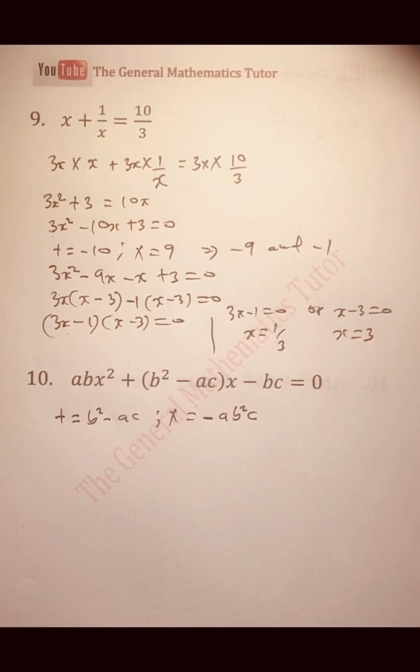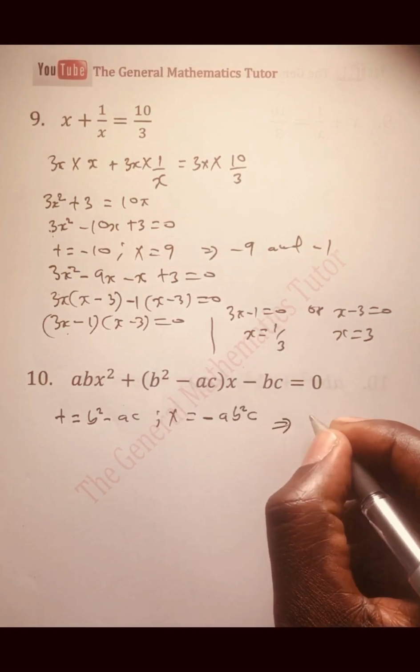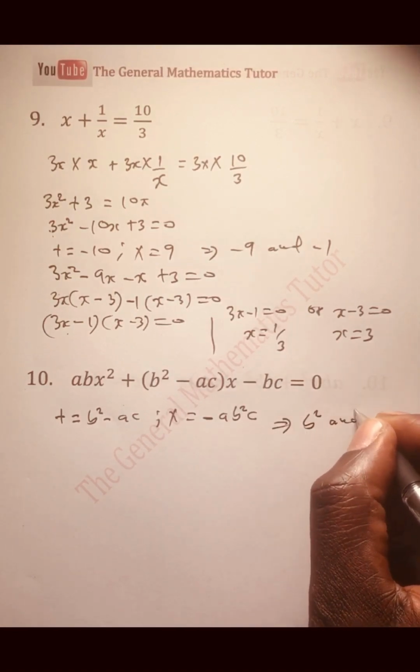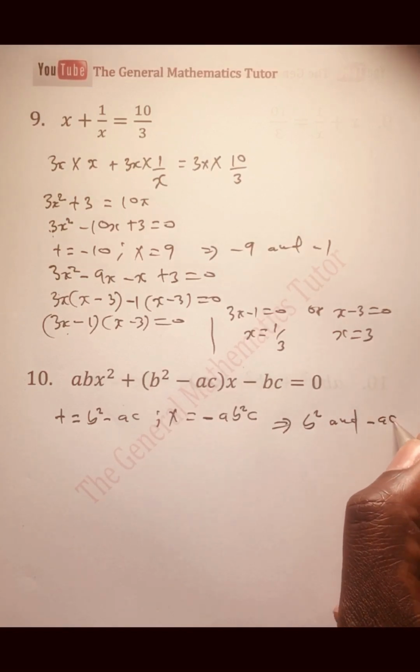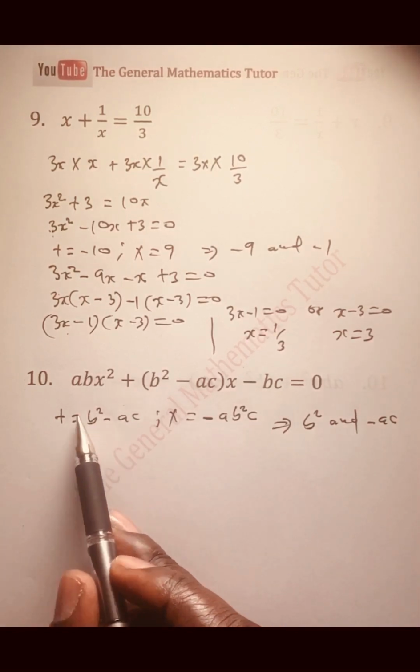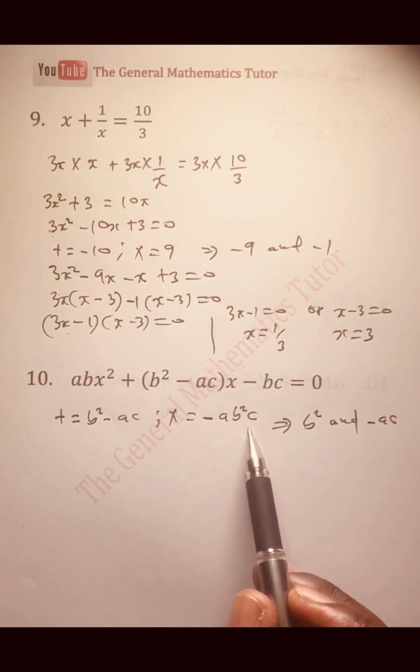So you will find that those two numbers are b squared and minus ac, because if you add them you get this, if you multiply them you get this.